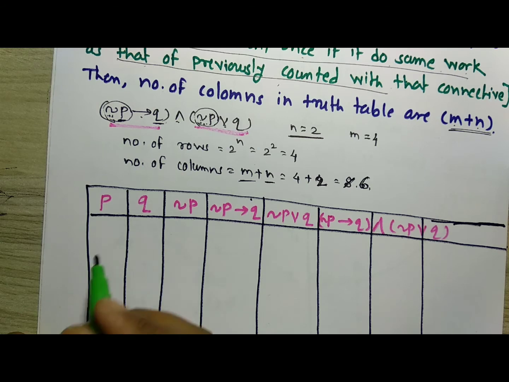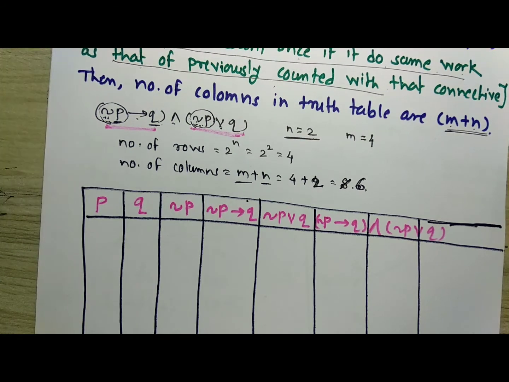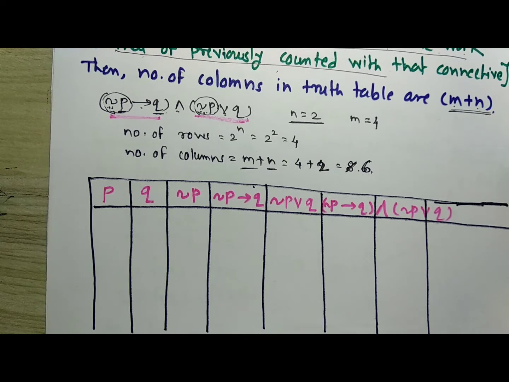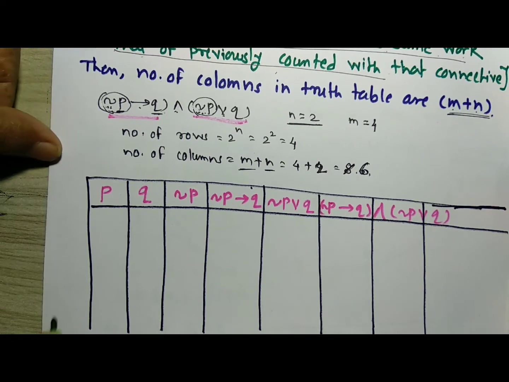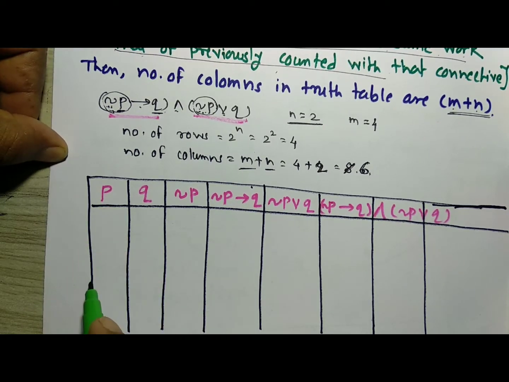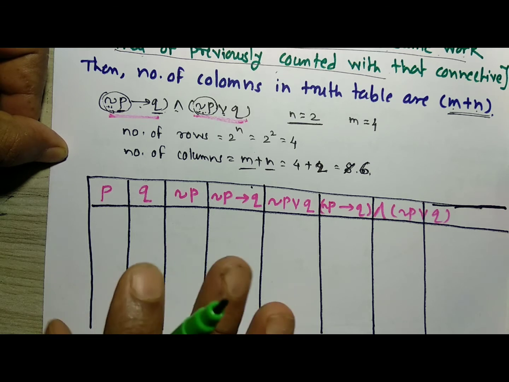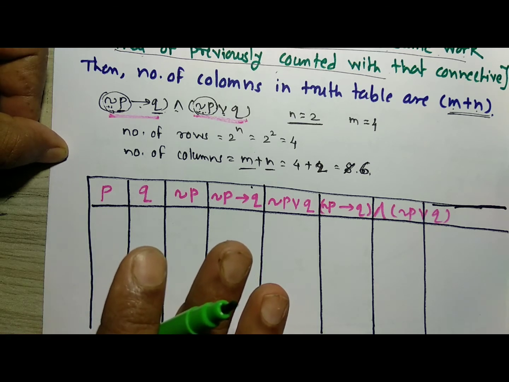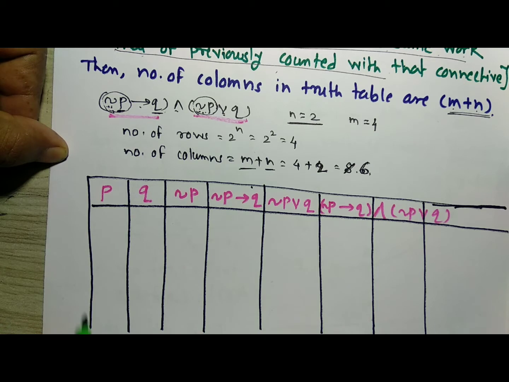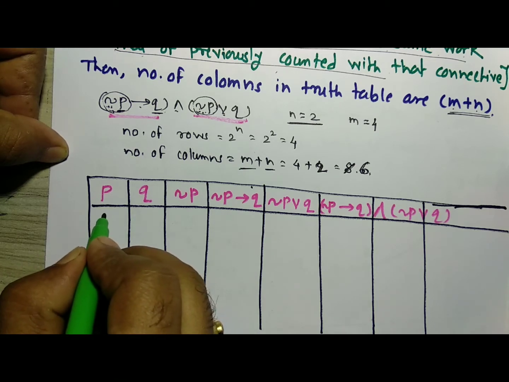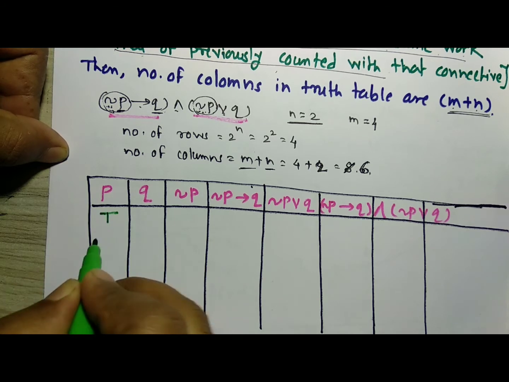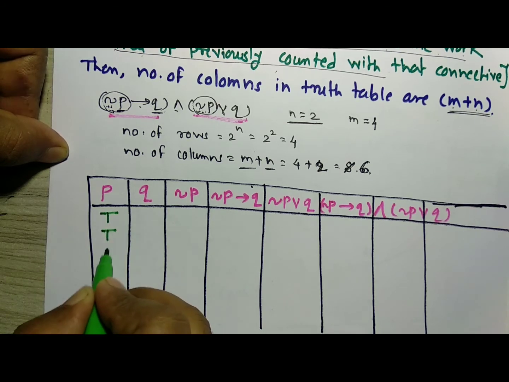First of all, how do we get the number of rows inside the truth table? First of all, we consider P. If you want to take 4 rows, you start with half of that: 2 times T and 2 times false.